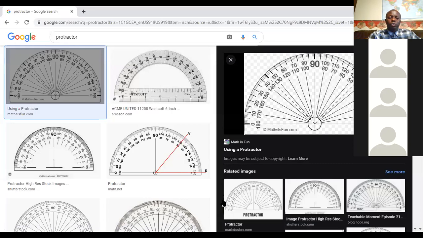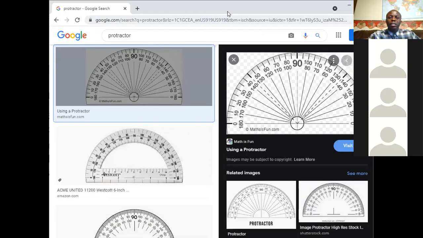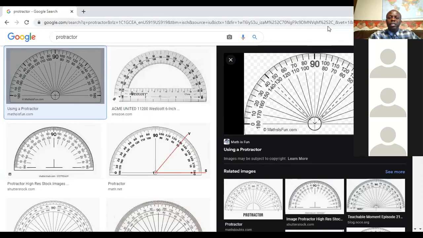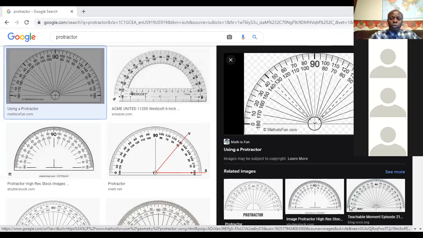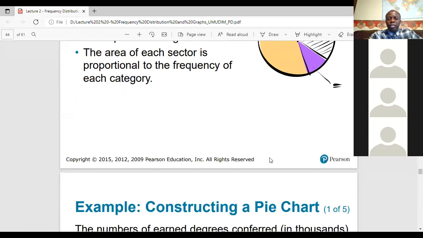For pie charts, we use that to draw pie charts. But the good thing is that technology has made life very easy for us. However, we still like to teach the principle behind it, so that when we draw it using Excel, you understand what Excel is doing.